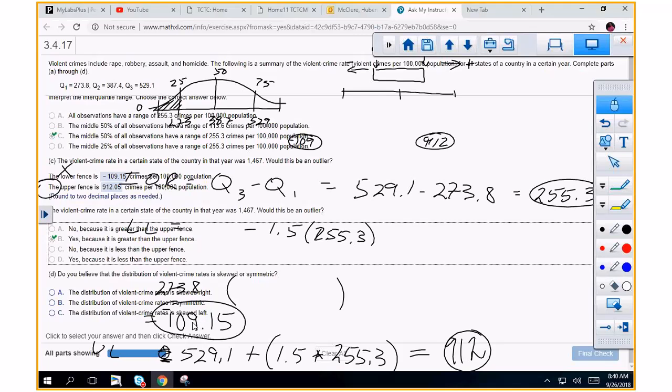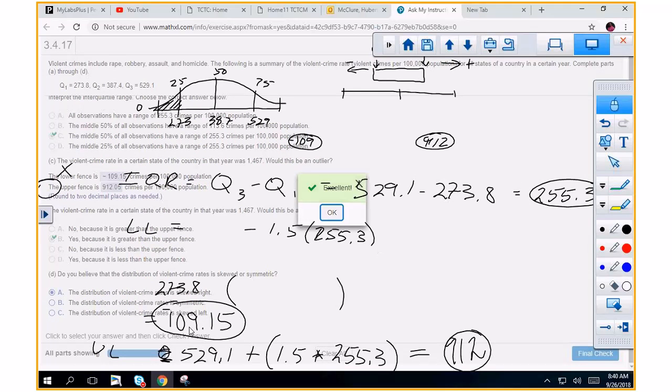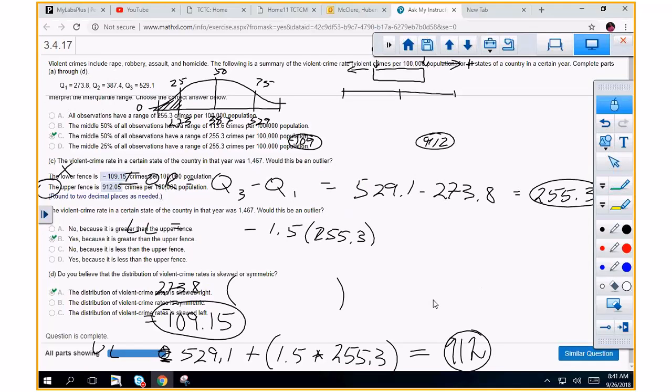If this number is normal, like a positive 15, then it's probably going to be a little bit skewed left, because most of the data is on the left-hand side. If it's like 0, then it's going to be symmetric. That's why this is not a good test question, because it really doesn't give you enough information.